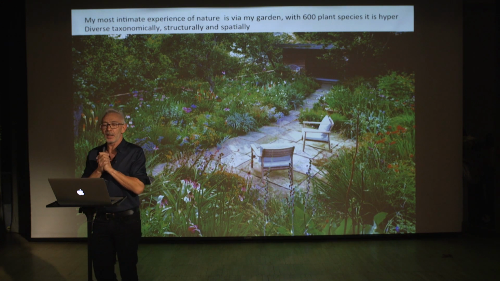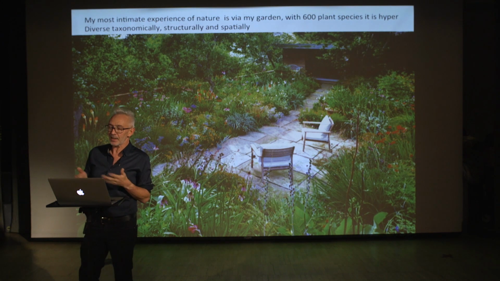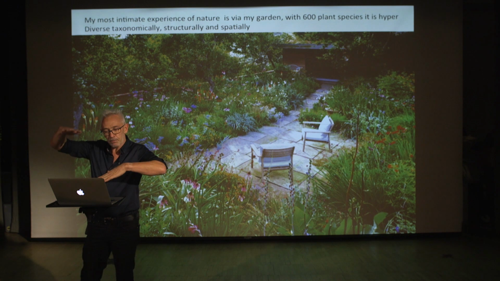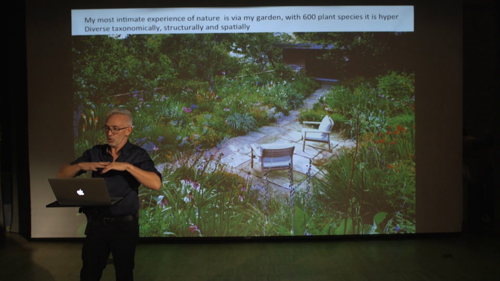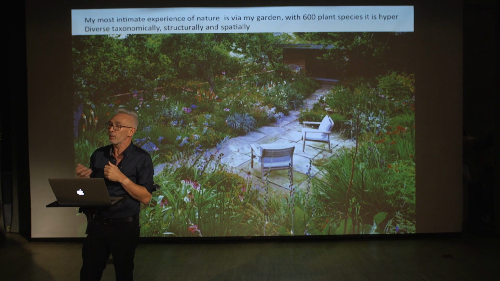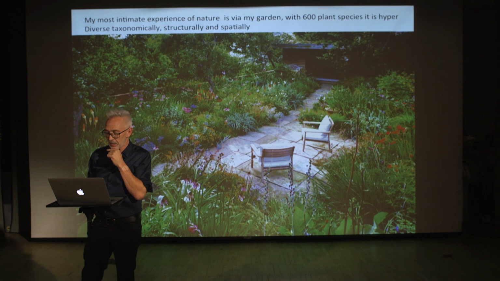So it's hyper complex, both taxonomically. There's 600 species in this space. It's very spatially complex and structurally complex over time, and we know this is really, really important for invertebrates. It's probably just the most important factor in terms of supporting diverse guilds of native invertebrates.